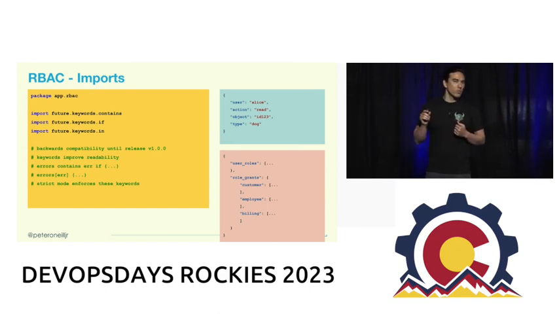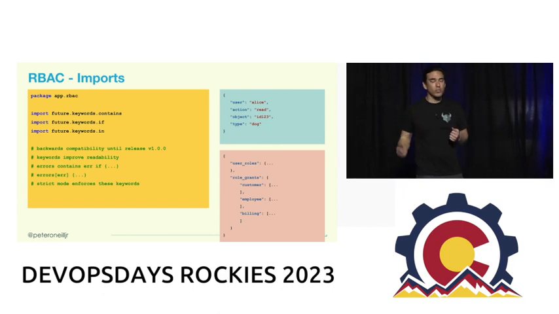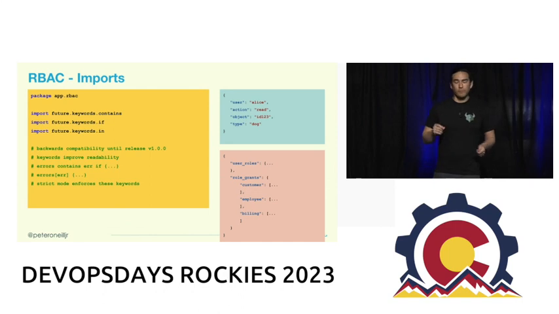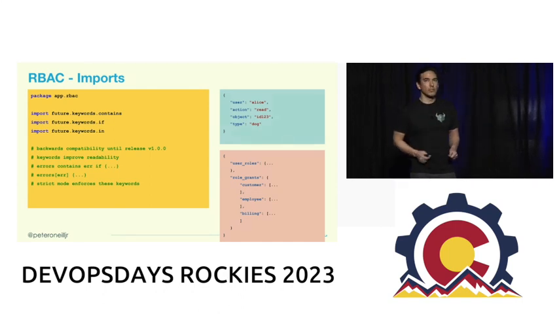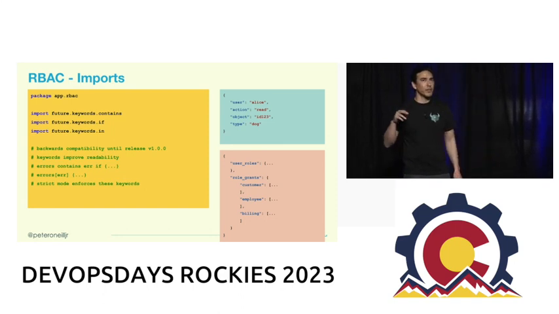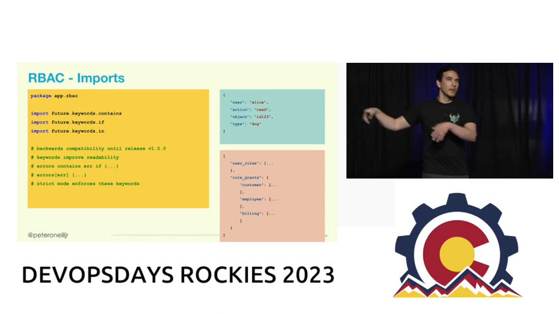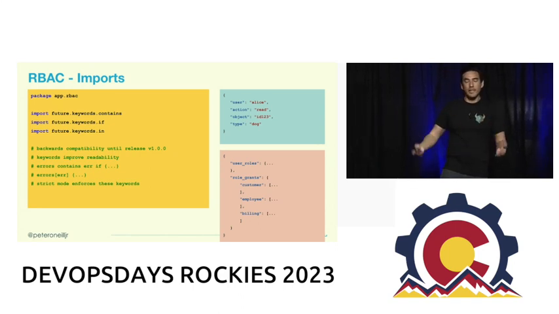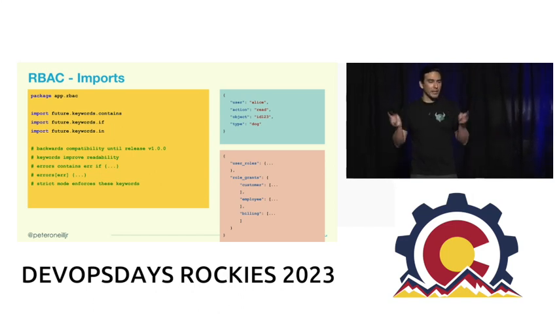So for all of the new language features that we add, we require those features to be imported. Now we have things like contains. If you look at the comments here, you can see errors contains if whatever the policy is. That's much more understandable for a new person coming along to the project than errors brackets.